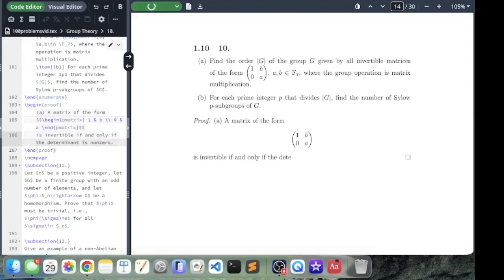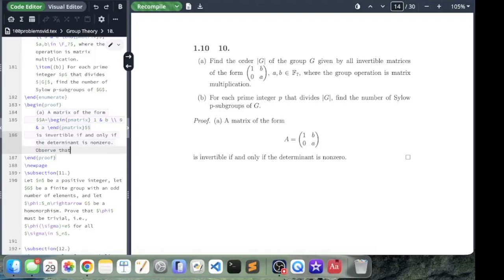And we can see that the determinant of this is just going to be A, because that's 0. Maybe I'll call this A. A matrix of the form, this guy, is invertible if and only if the determinant is non-zero.